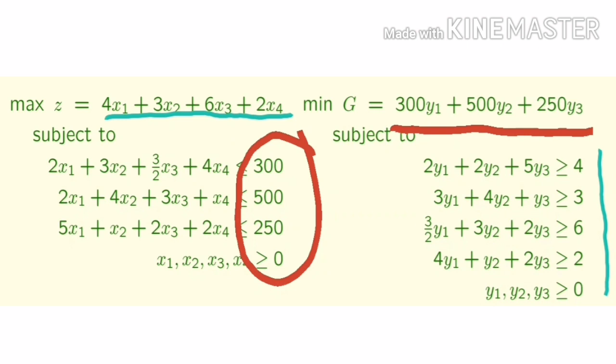So if we write the primal problem in the form max z equal to c^T x subject to Ax less than or equal to b, where c^T is the cost vector, A is the coefficient matrix and b is the requirement vector, then we see that the dual problem becomes of the form minimize g equal to b^T y subject to A^T y greater than or equal to c.